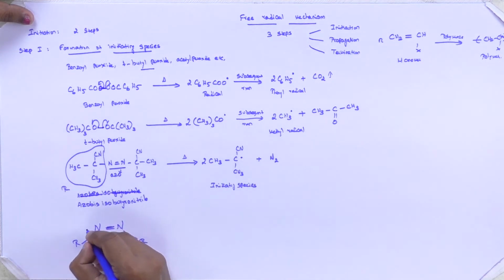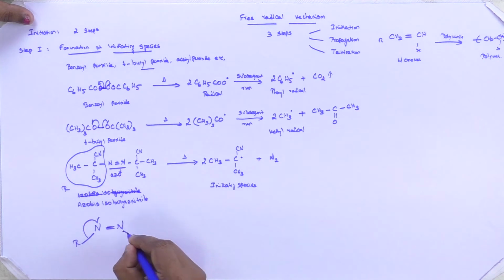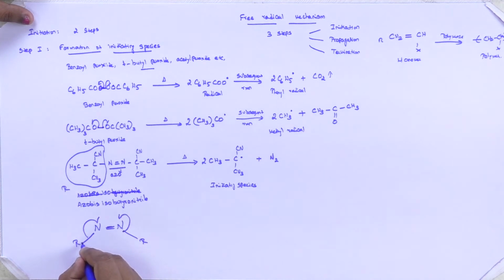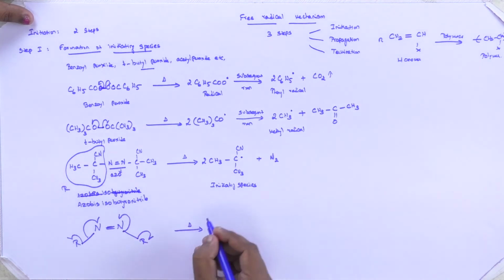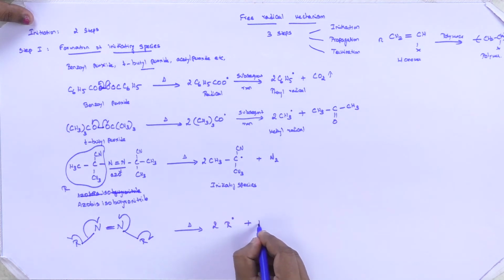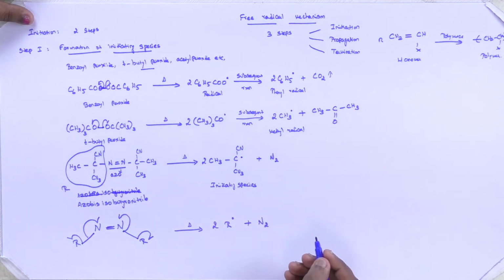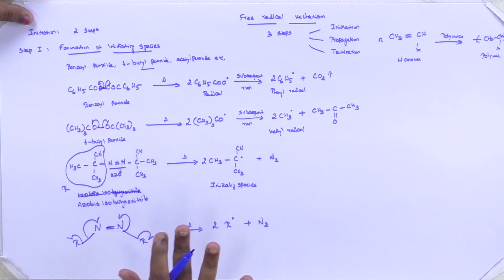One of the electrons from this bond gets shifted towards the nitrogen, and again the other electron is shifted towards the nitrogen, and another electron towards this R, and again another electron towards this R. So you get the product 2R dot plus nitrogen. So, this is your step 1.